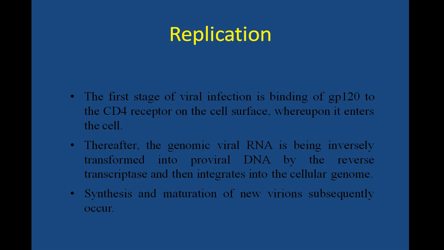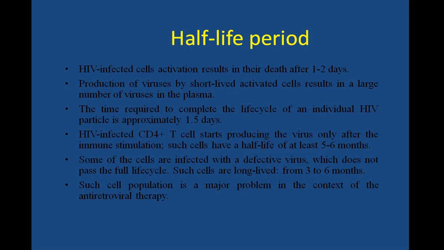Thereafter, the genomic viral RNA is inversely transformed into proviral DNA by the reverse transcriptase and then integrates into the cellular genome. Synthesis and assembly of new virions subsequently occurs.